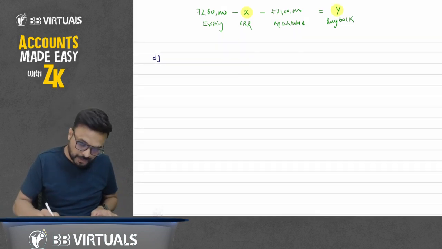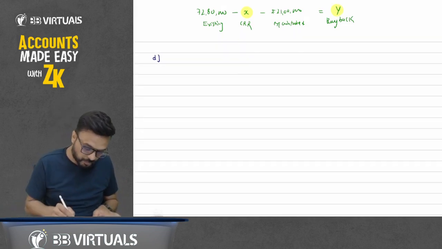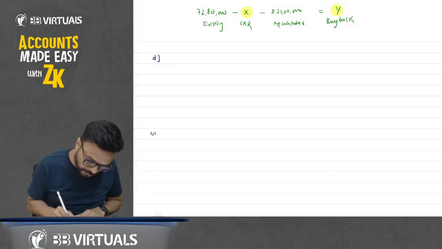So keep space for 4-5 lines and then write down the working note.